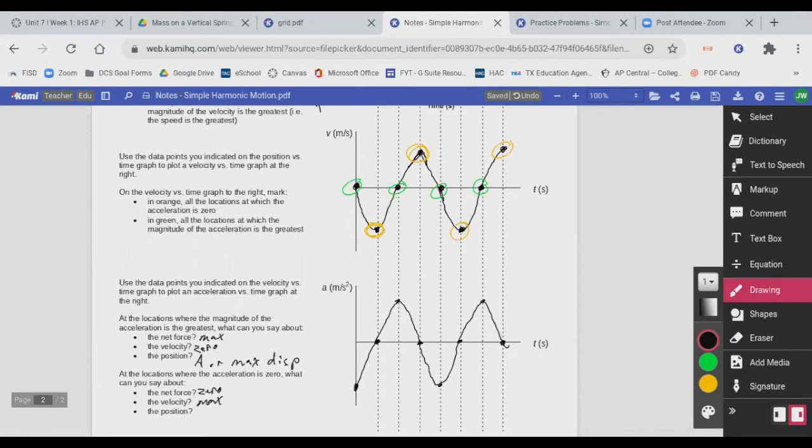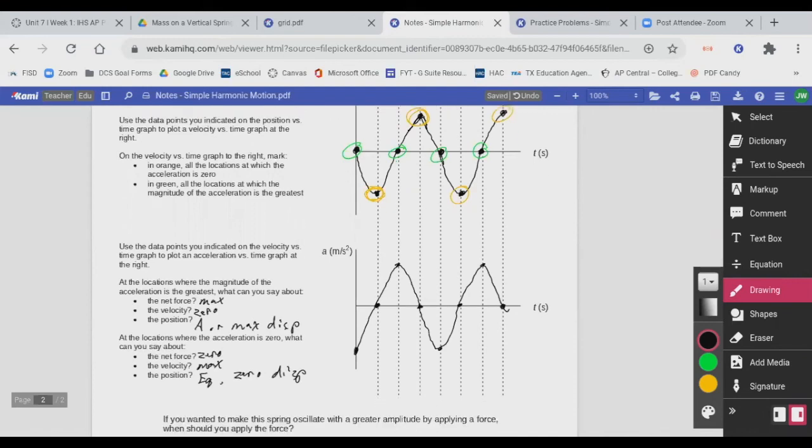And then what about position? Equilibrium. We could say that it's the 0 displacement, any of those, because we are at the equilibrium. That's when our velocity is maximum and where our acceleration is 0.